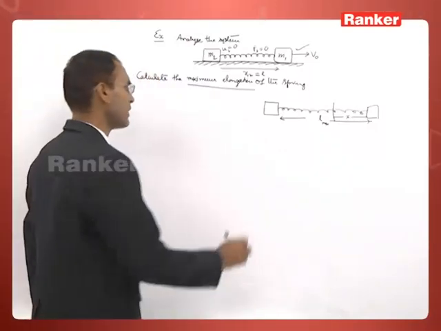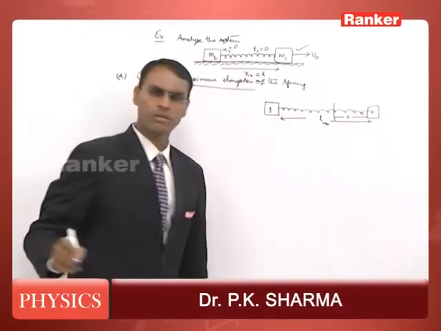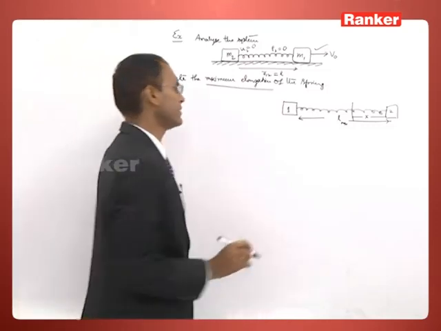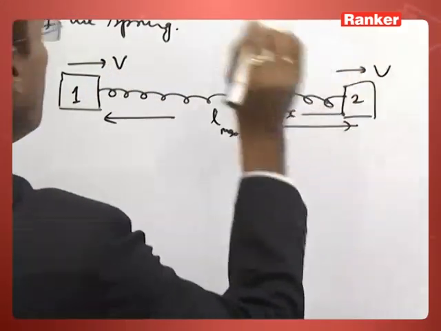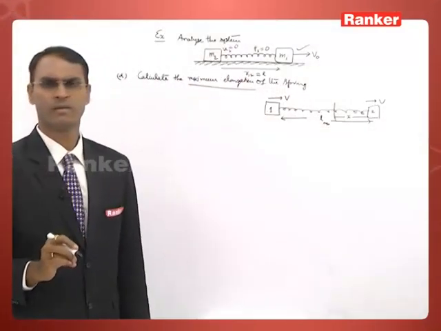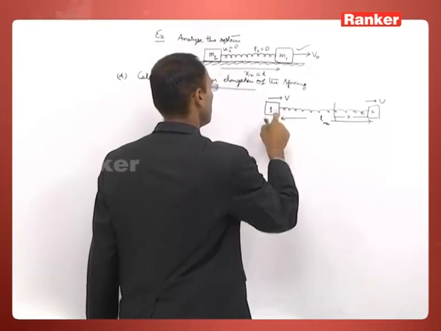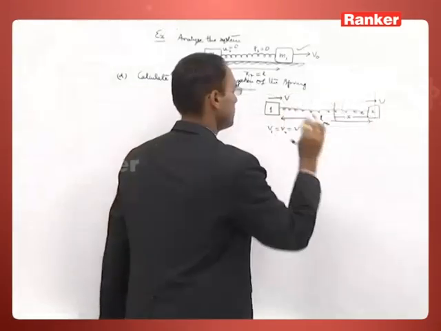At that instant we have analyzed that both the blocks will move with the same velocity. Let that velocity be v. v1 is equal to v2 is equal to v.